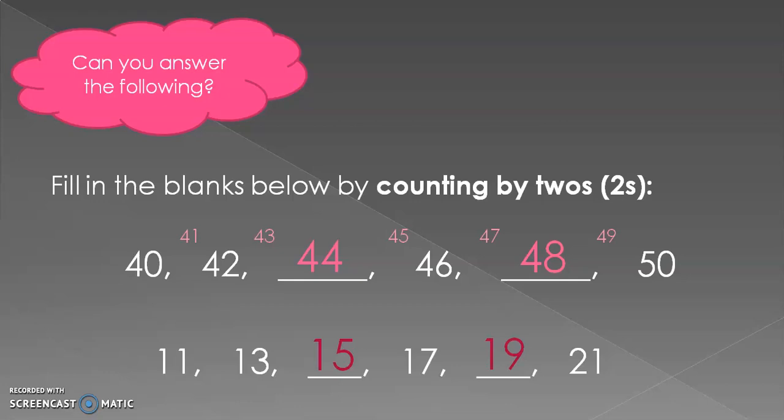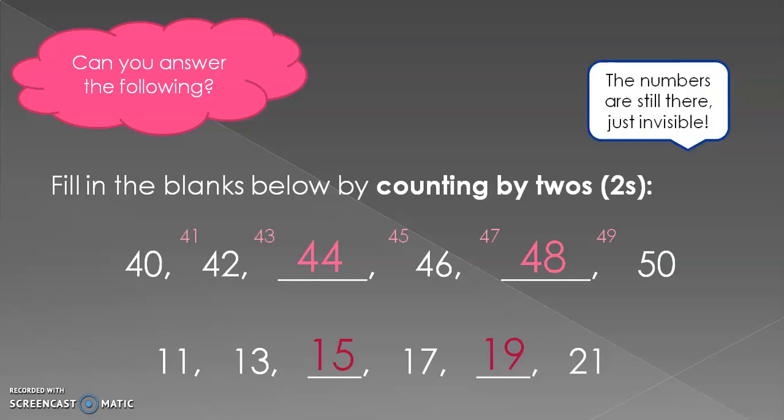And then after 17, it's 18, 19. And to check, the next 2 numbers after 19 is 20, 21. But because we are counting by 2s, we only write the second number. Okay, the numbers are there, they're just still invisible.